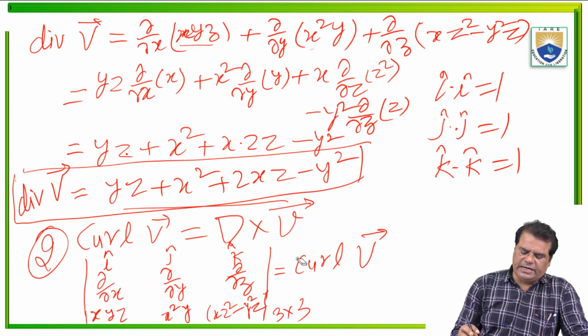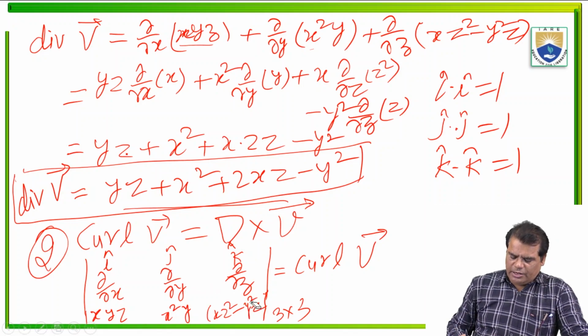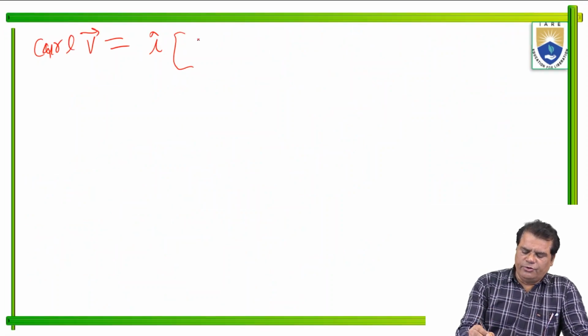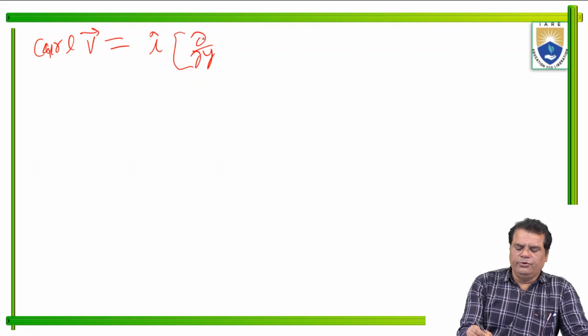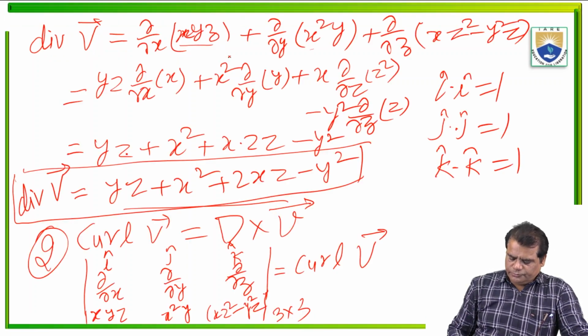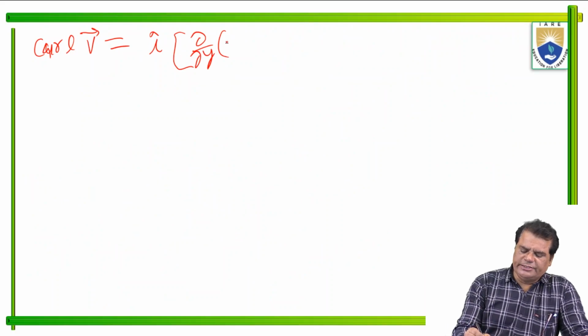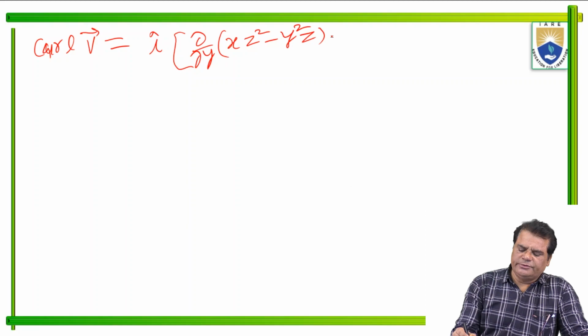First row and first column cancel out. Now differentiating ∂/∂y of xz square minus y square z, and minus j.